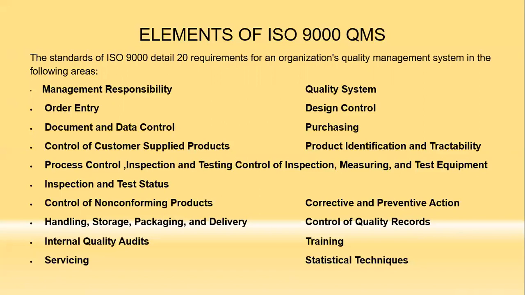All these things must be maintained by any organization which is going for ISO 9000 certification. So all these things must be well defined, well maintained, and documented. Everything must be there to apply for ISO 9000 certification.